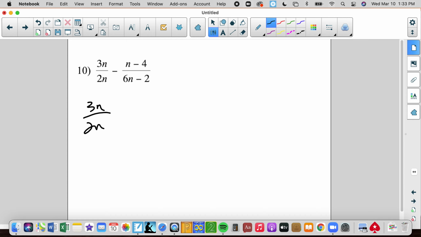interesting one. So what I would do with this denominator is I would factor out a 2. Because remember, we can't do prime factorization of things being added and subtracted. We can't separate them, but we can do it for things being multiplied. So my LCM is 2n, that's 2 times n.